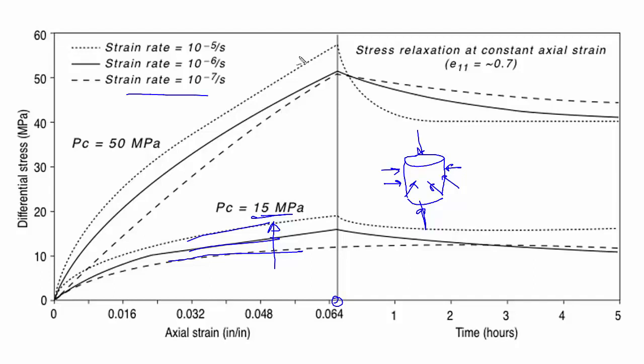So now we're getting away from purely elastic behavior, because in an elastic material, you load it and you unload it, and it goes right back along the same path.